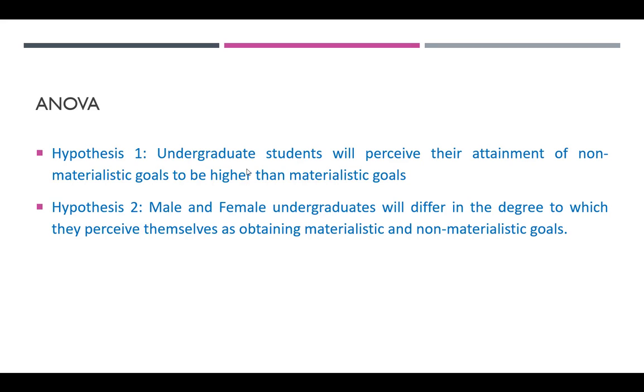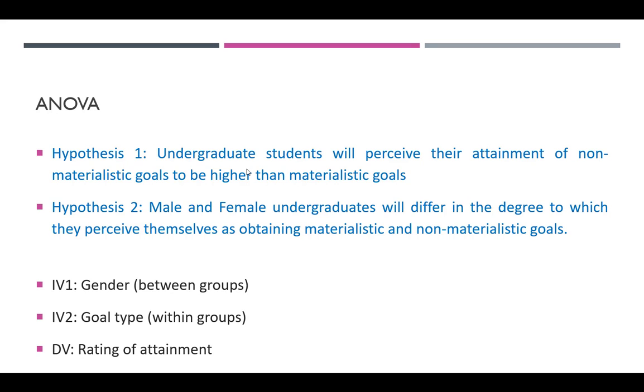So the hypothesis 1 and hypothesis 2 that we were testing. Now this is quite a tricky one within a mixed methods context to identify, but you need to be really clear about what are your IVs and what are your DVs. And in this scenario, the first IV was gender. And that would be a between groups element.